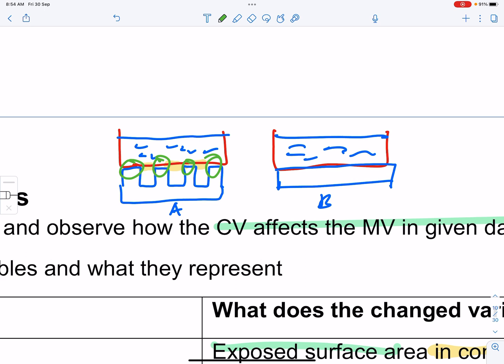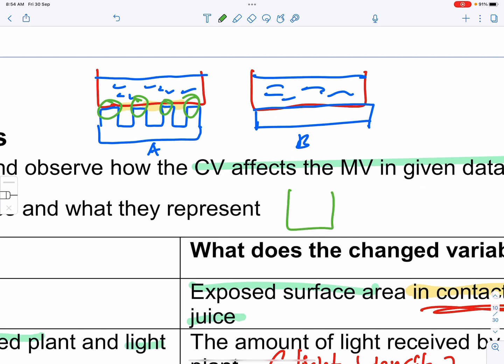Okay? So if I'm talking about an evaporation question, I would say, let's say I got two similar beakers. One you put in a very big container, and this is water, this is water.